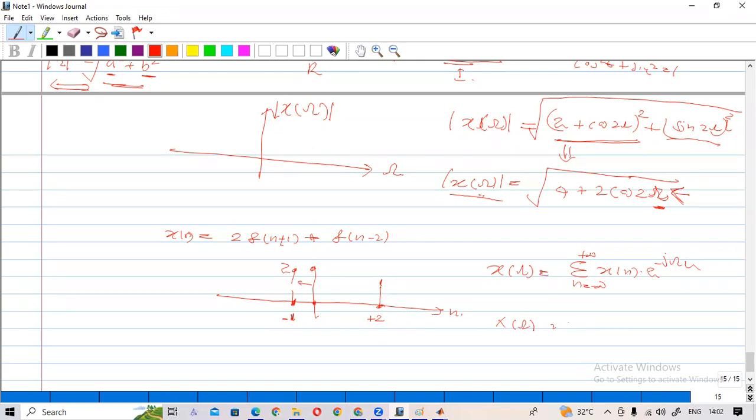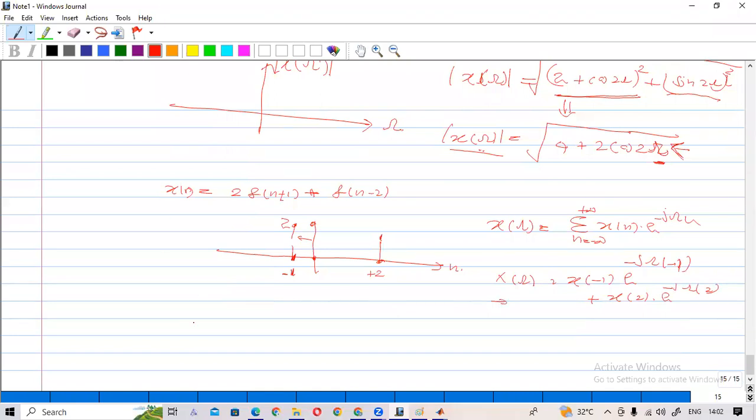So you will have x[minus 1] e to the power minus j omega times minus 1, plus x[0], which is 0 here, x[1] also 0, then x[2] e to the power minus j omega times 2. So X(omega) is 2 e to the power plus j omega plus 1 e to the power minus j 2 omega, since x[minus 1] is 2 and x[2] is 1.